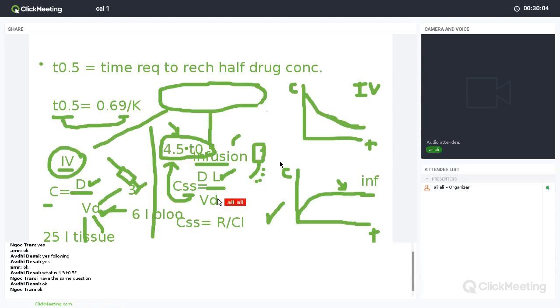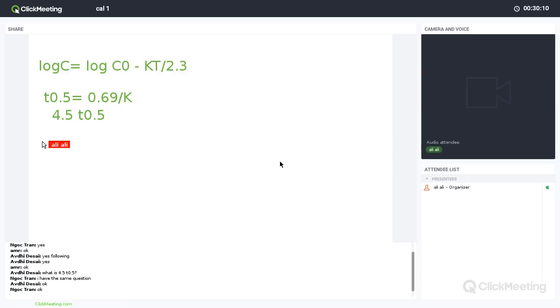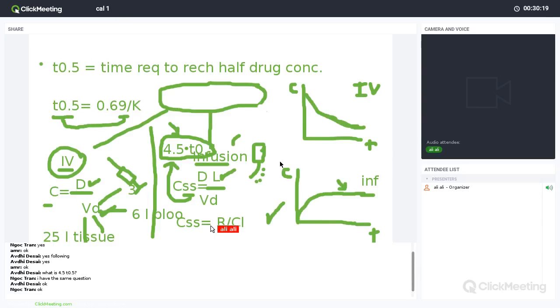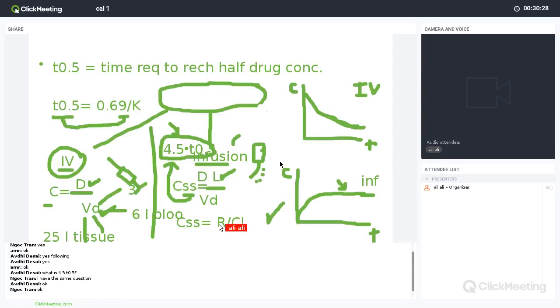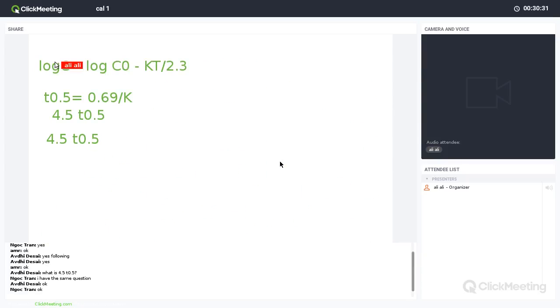Also here we will take this one: the rate of elimination equals rate of infusion, sorry, divided by the clearance. And also the one we have is loading dose divided by VD. Those are some of the important equations.